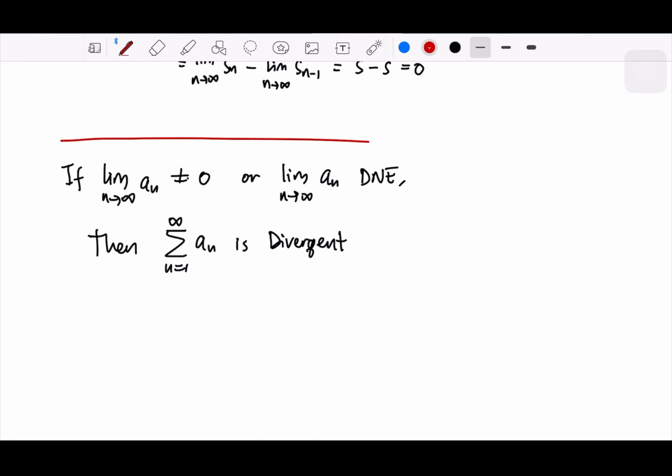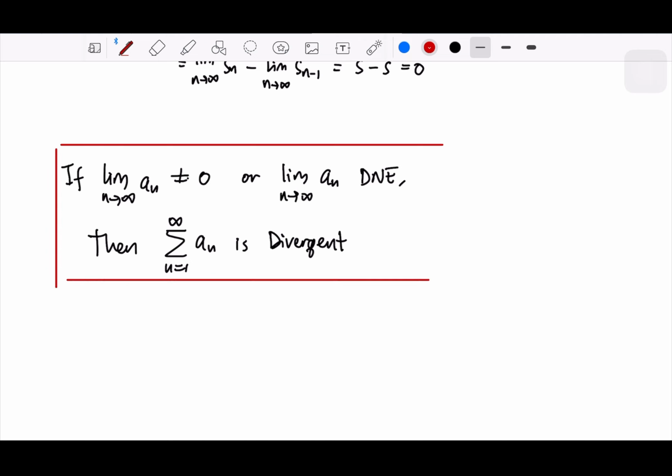For sure it will be divergent. So that's why be careful to distinguish sequence and series. Okay.